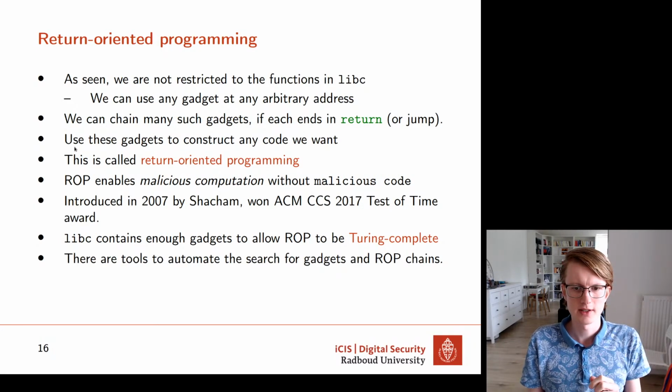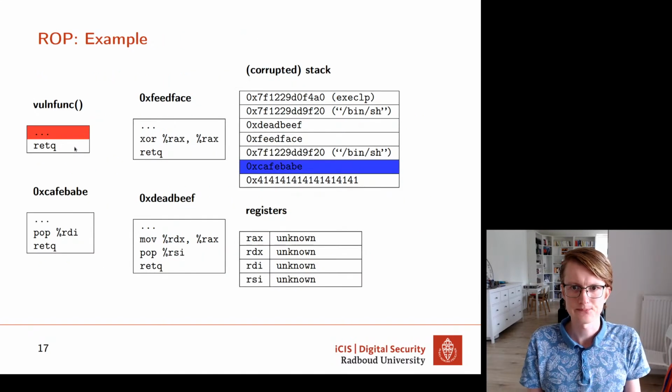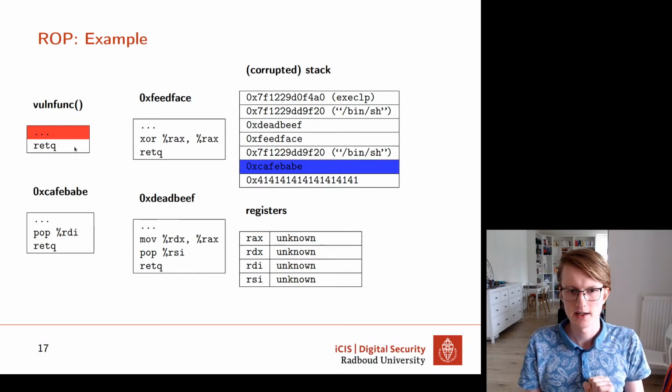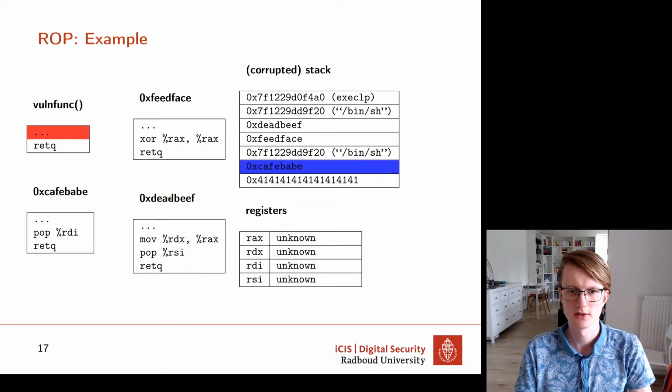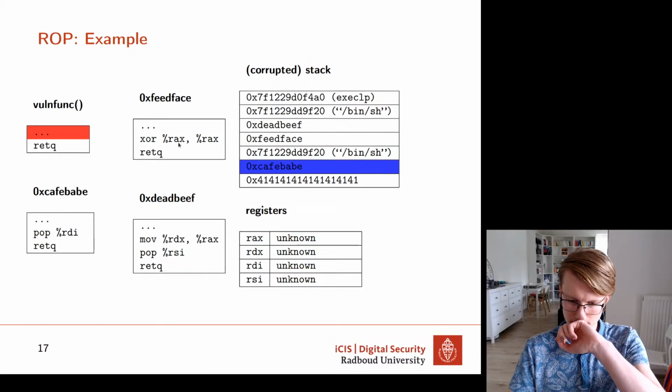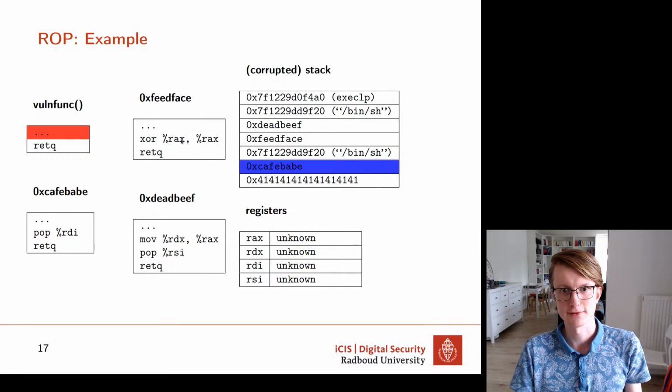So we have an example here, where we have a bunch of different gadgets. We have a function that we're currently executing. Then we have 0xfeedface, which does an XOR of RAX, excuse me, with itself.